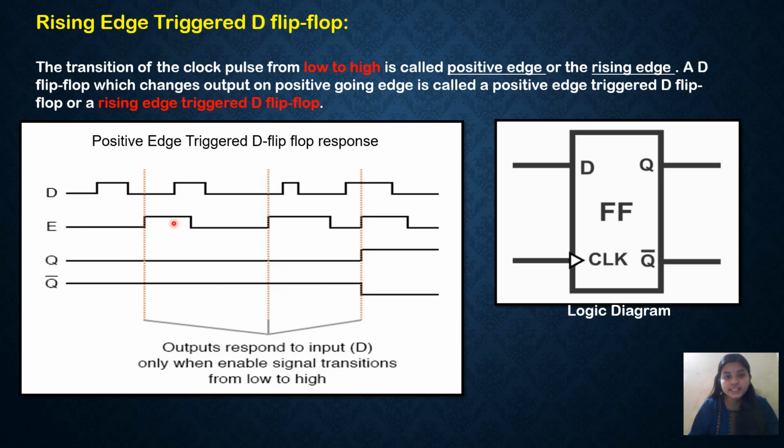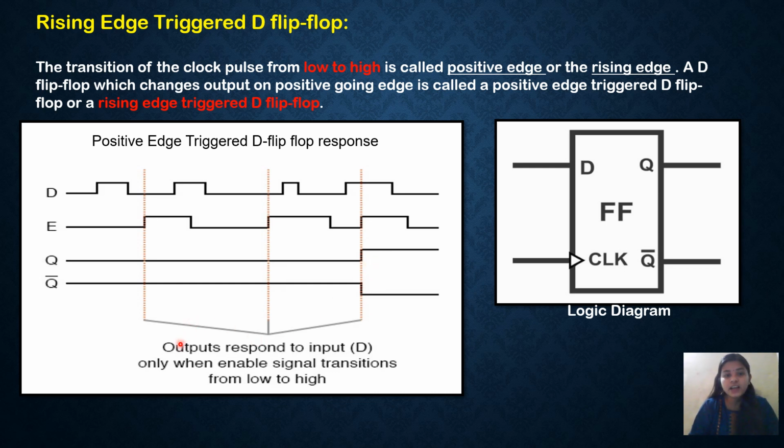Here, the logic state of the clock pulse or the transition from 1 to 0 of the clock pulse does not determine or is not considered for the activation of the flip-flop. In the next rising edge of the clock pulse, the data is at 0, hence Q is at 0. In the next rising edge of the clock pulse, data is at 1, hence the output Q is at 1.